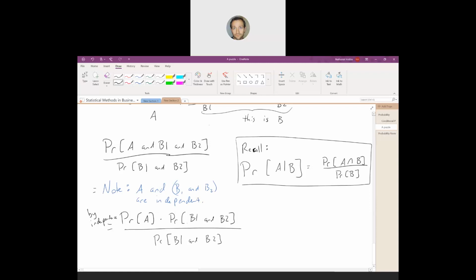This way you don't even need to calculate what these are. They cancel out, and you're left with just the probability of A, which is 1/3.